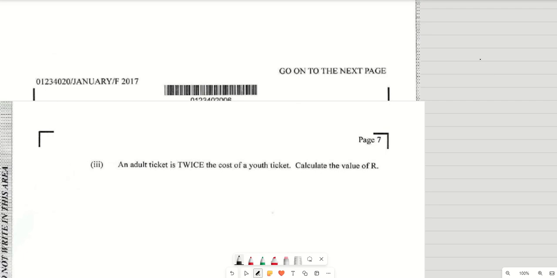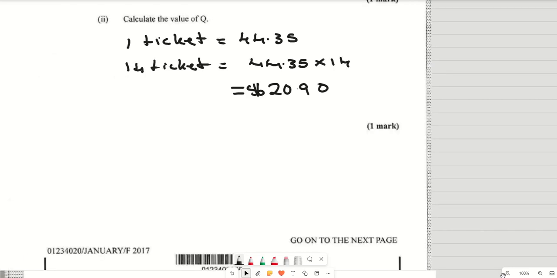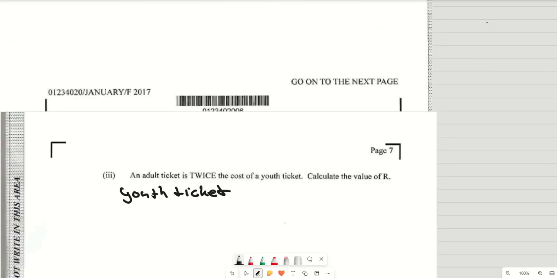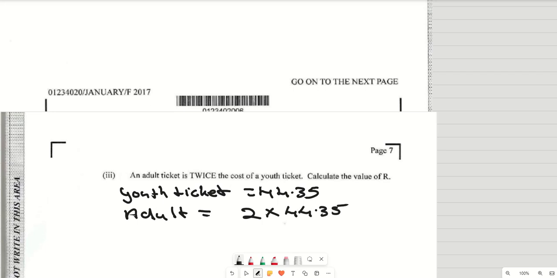So we know the cost of a youth ticket is equal to, if I'm not mistaken, $44.35. So your adult ticket equals twice times 44.35, right? Let's just do it. 44.35 multiplied by 2 is equal to $88.70. That would be the cost of your adult ticket.